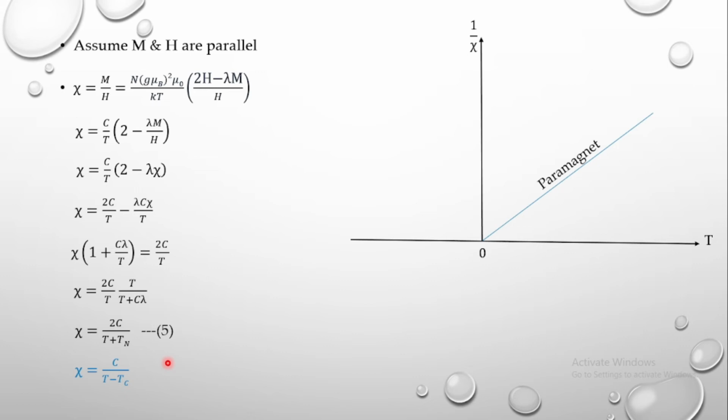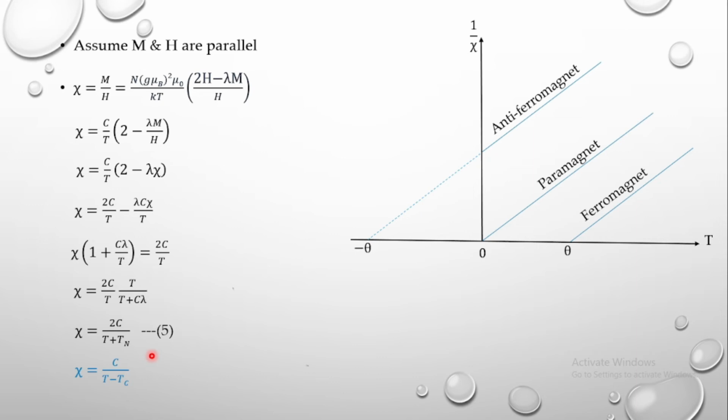If we plot a graph for ferromagnetic material, according to the equation chi equals C by T minus Tc, this is the nature of the graph, and according to equation number 5, for antiferromagnetic material we observe this nature. This dotted line is extrapolated so that we get the intercept value as minus theta. As that is minus theta, we observe here plus Tn. Theta is something like Tn itself, but with slight variations.